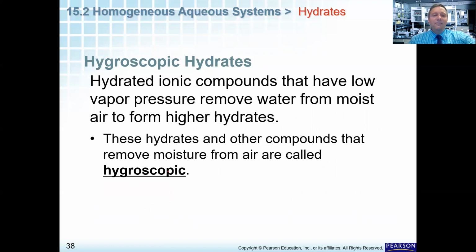The next term we have is hygroscopic hydrates. These have low vapor pressure, which means they're not going to lose the water that's in their crystal structure into the atmosphere. Their vapor pressure is low, so these actually will accept water from the environment, from the moisture in the air around us.